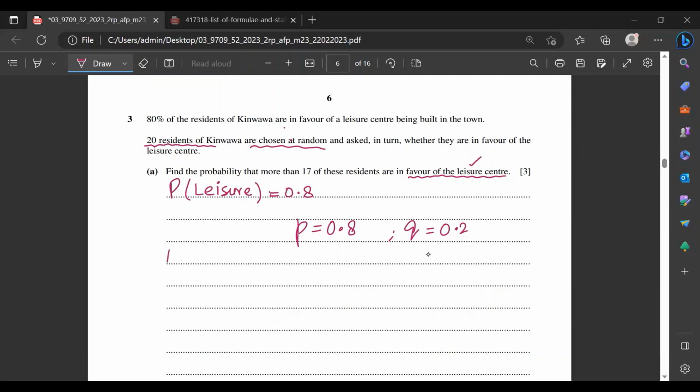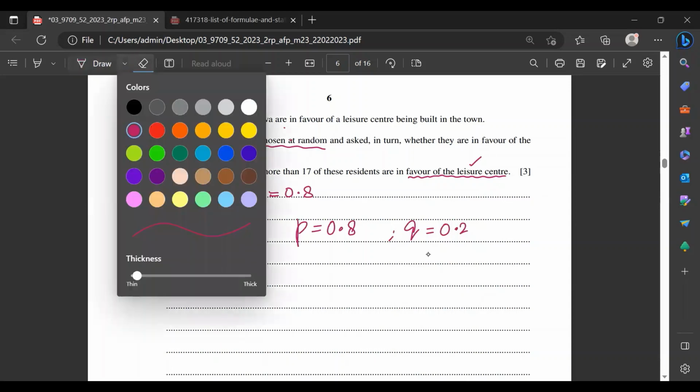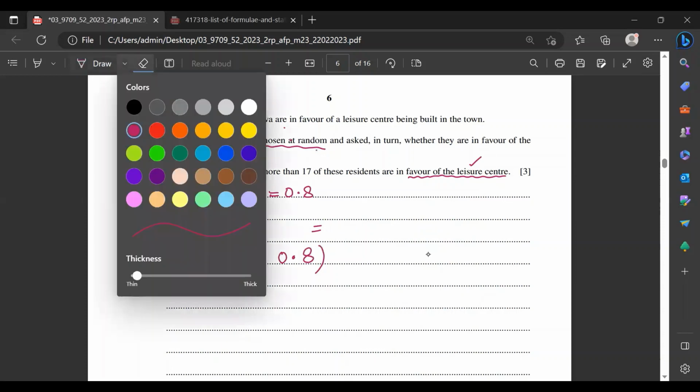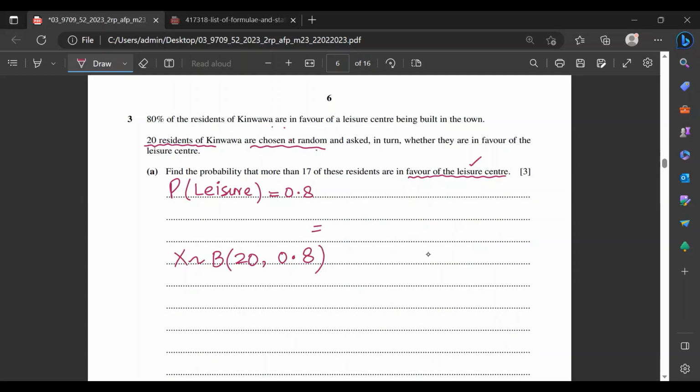So for the binomial distribution, I can use X, the discrete variable, and so X has the binomial distribution with 20 trials and 0.8 as the probability of success.